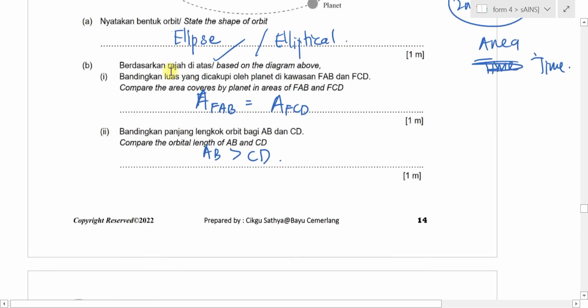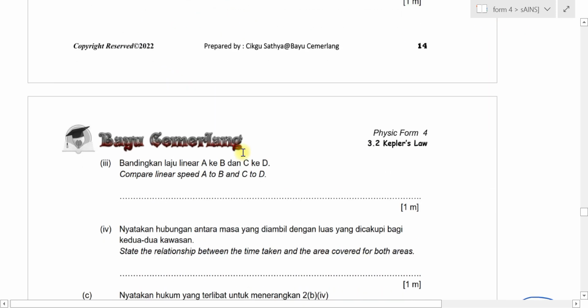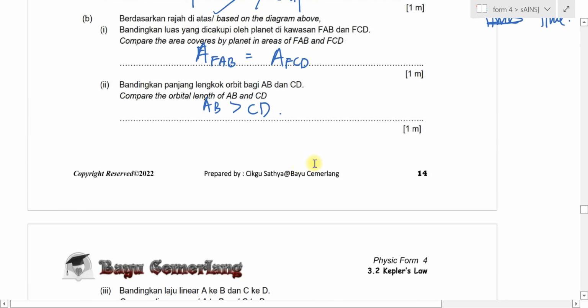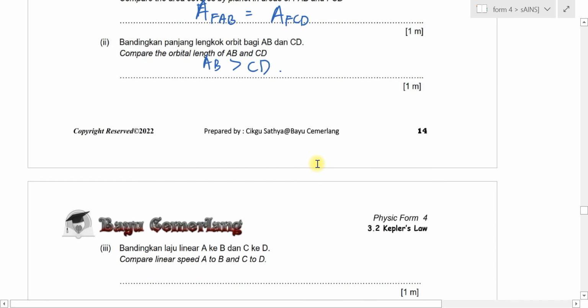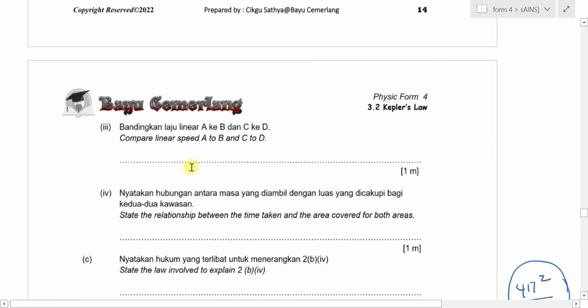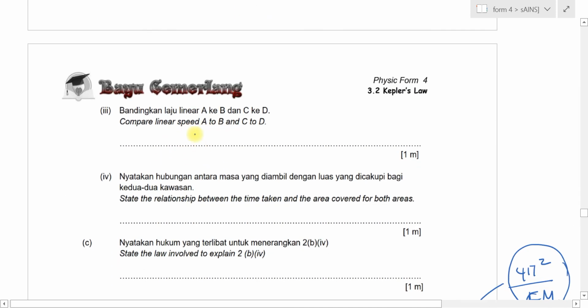Okay. So how about the linear speed? So linear speed AB is greater than CD. Yes, because if this length is greater, it means distance AB is greater. Then its linear speed should also be greater. So linear speed AB should be greater than linear speed CD.